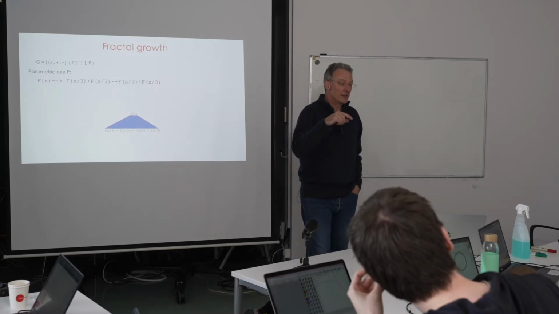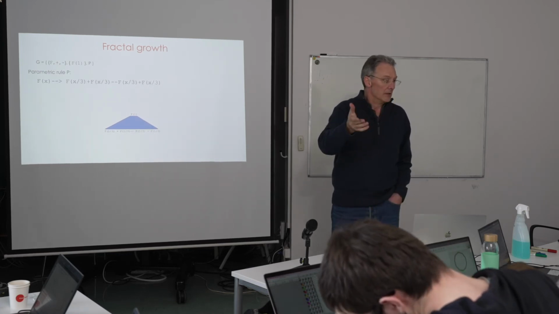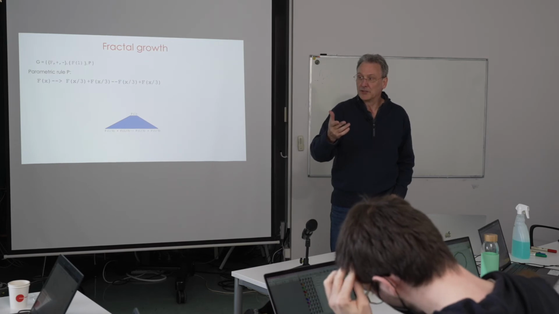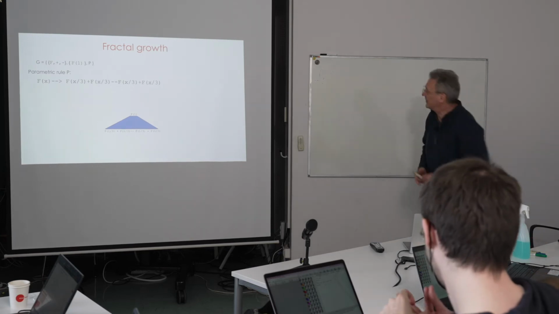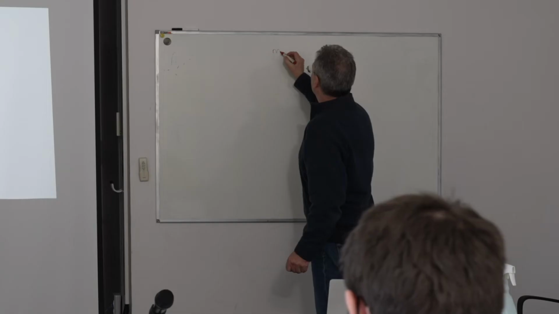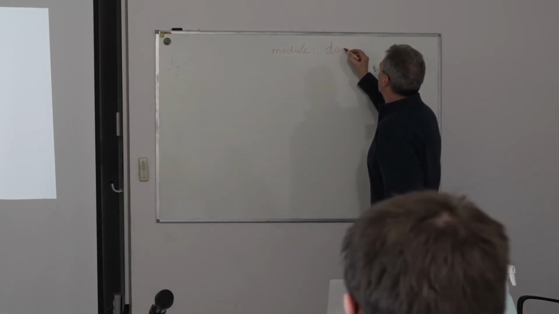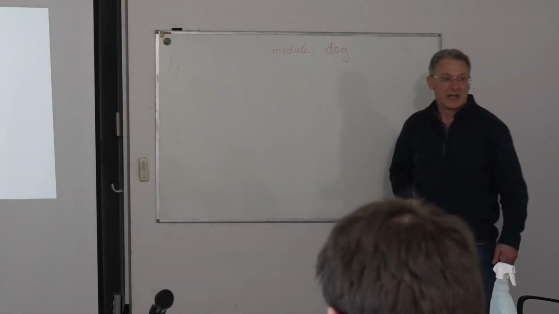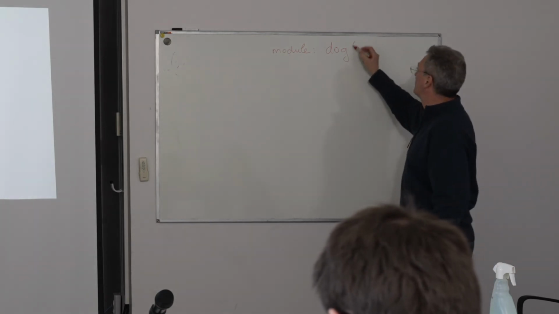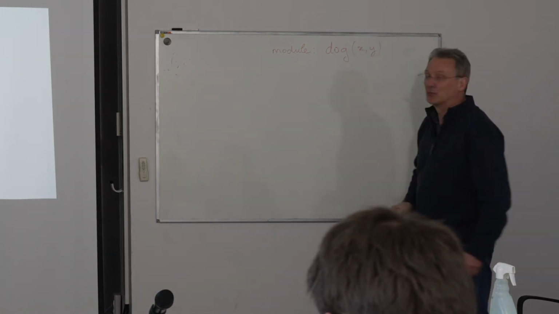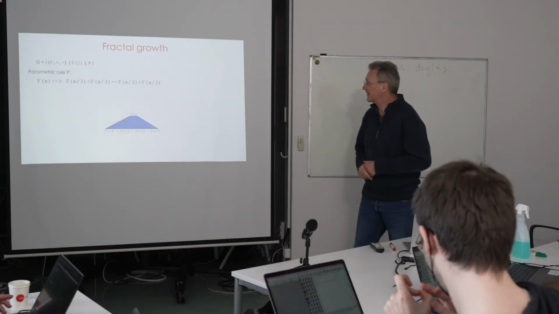In order to do this, you need to declare before the axiom the fact that, I don't know, dog is a module, and then you would write something like module dog. And this adds the module dog to your system. If you have parameters, you would put dog of x and y. We'll make use also of this.